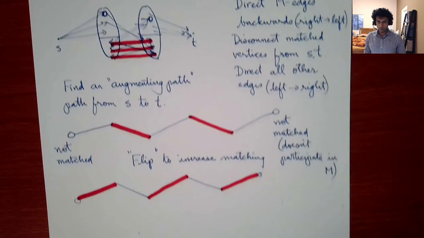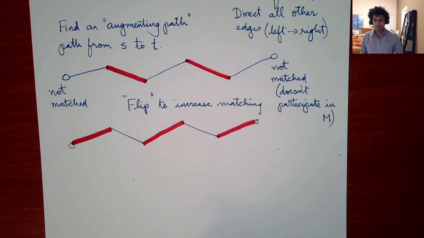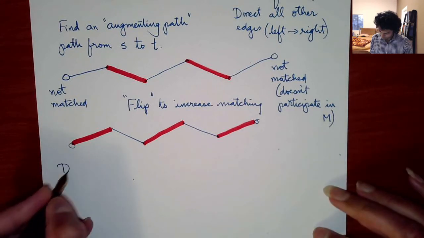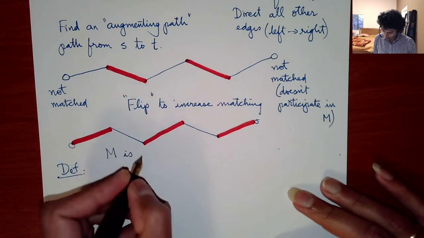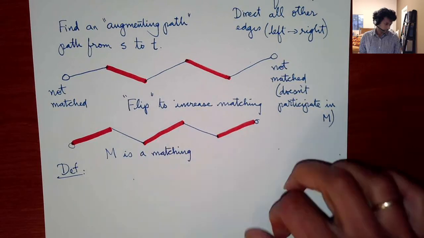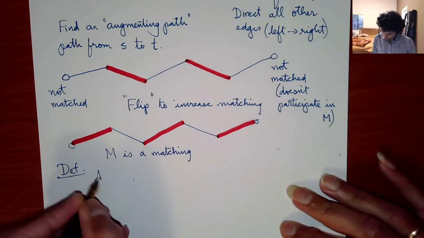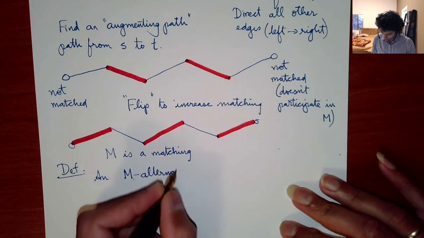Okay, so this path was very special, and it has a name. Let's say M is a matching. It might not be the largest matching, it is just some matching. And this is called an M alternating path.